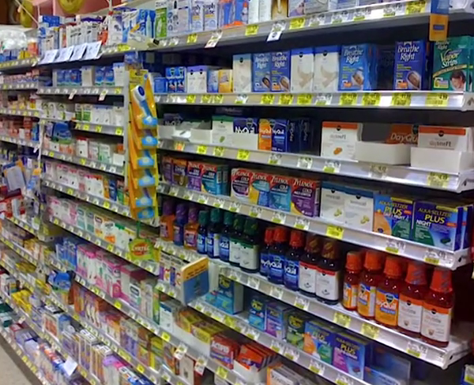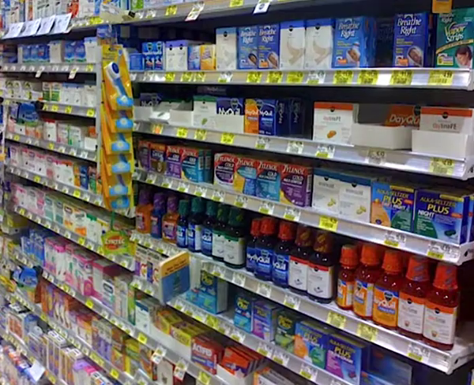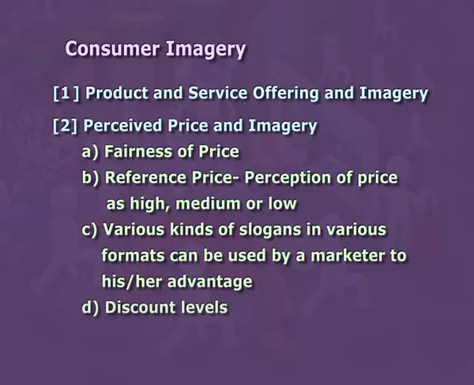Such claims are generally spread over a wide assortment or even across a store. They have a greater impact on the consumer mind than objective price claims and help build store traffic and subsequently larger sales and revenue. Now, our next point, that is point D, is discount levels.